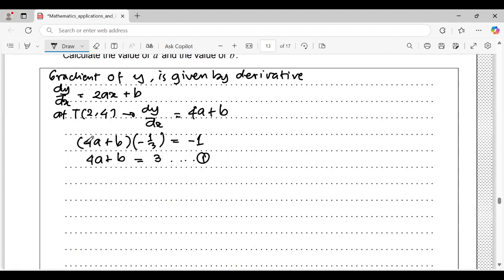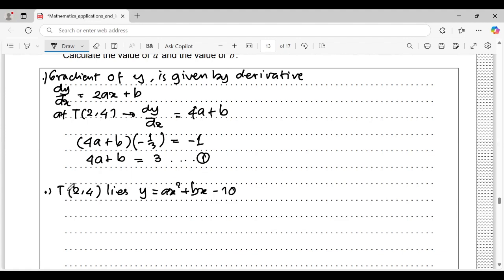And after that, this is the first. The second, that coordinate point 2, 4 lies on the curve y equal ax squared plus bx minus 10.